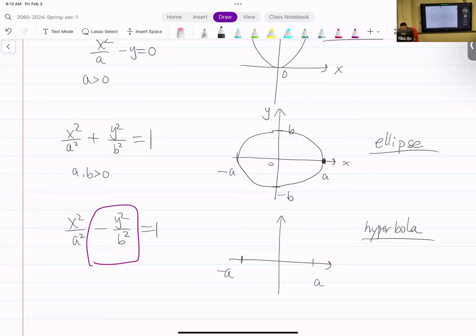You can look at this. If you make x equal to 0, you have a negative quantity equals 1, a negative squared quantity equals 1. That's not even possible. So you have something like this.